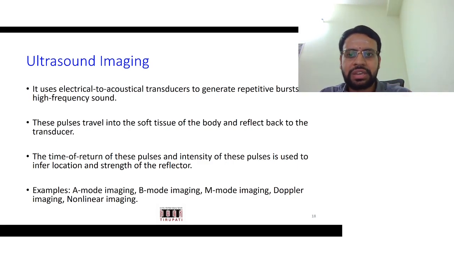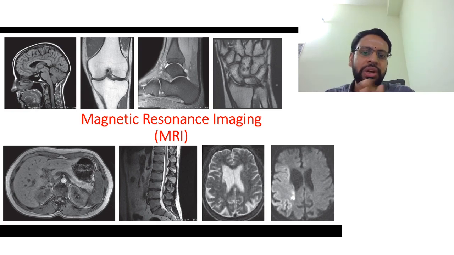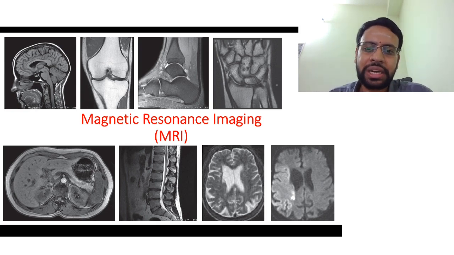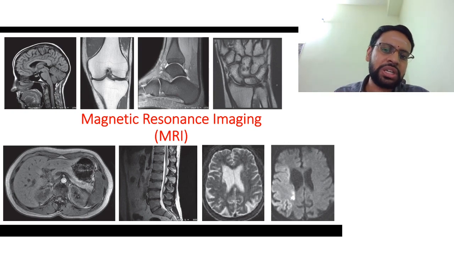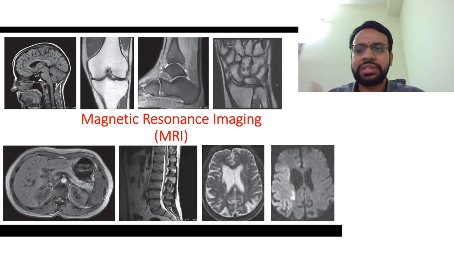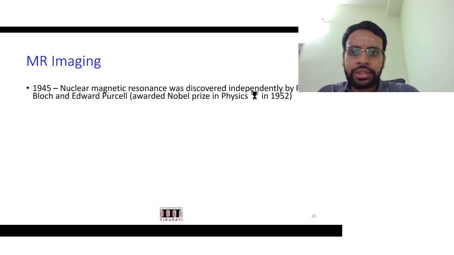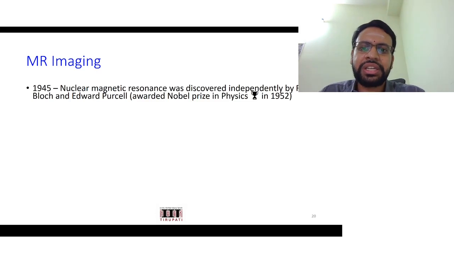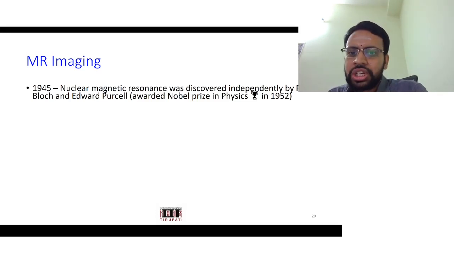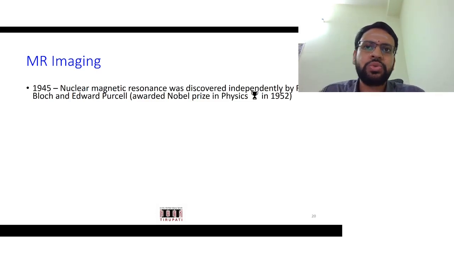Okay, with this I will skip to another important imaging modality, which is more recent than the ones that we discussed so far, and this is referred to as magnetic resonance imaging. This started in 1945. Bloch and Purcell, these are two professors from 2 different universities.